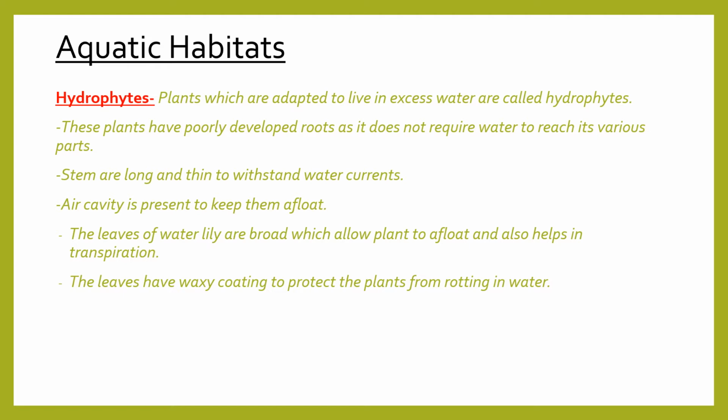The leaves of water lily are broad, which allow the plant to float and also help in transpiration. One of the flowers found here is the water lily. It has broad leaves, which allow the plant to float on water and also help in transpiration.